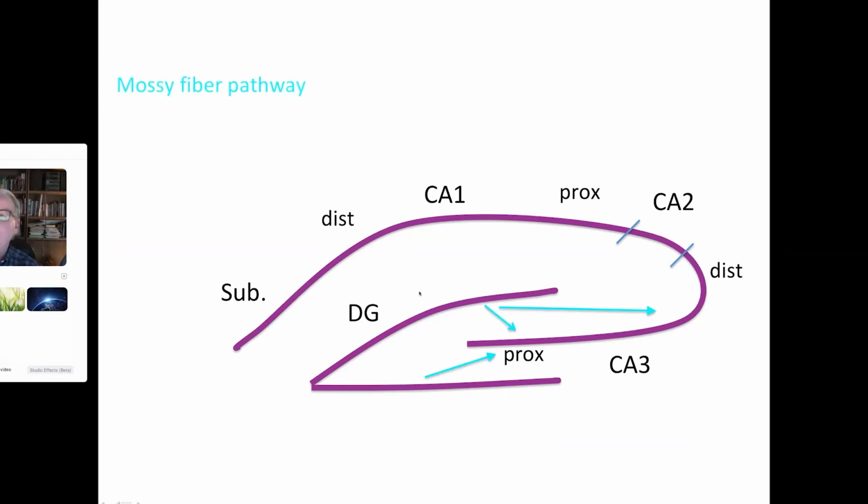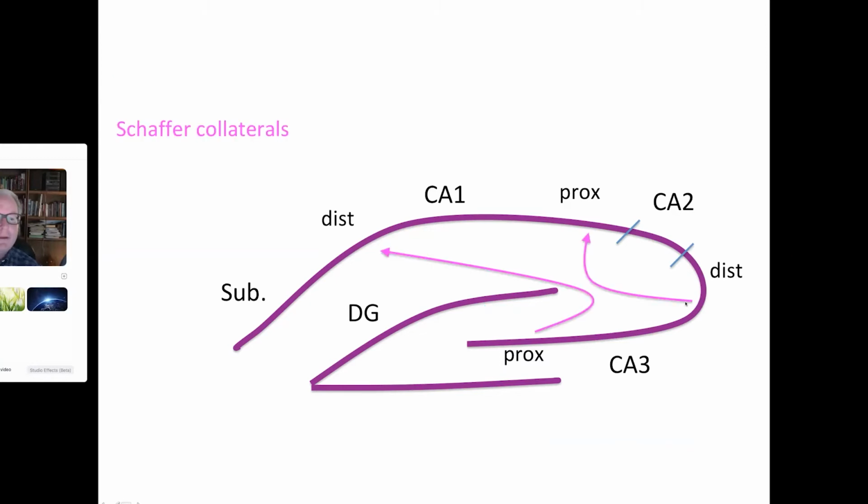We also know in the mossy fiber pathway from dentate to CA3 that both the upper and lower blades project to proximal CA3, whereas distal CA3 primarily gets input from the upper blade. We know that there are differences in projection. Distal CA3 projects primarily to proximal CA1. Proximal CA3 projects primarily to distal CA1.